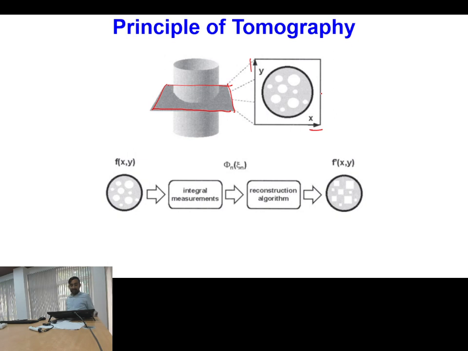So what I need to do in this cross section is insert a measurement system which will measure some property f, which is a function of x and y. Is this point clear? In this cross section I need to put sensors at each and every point, to be precise, if I have to go for a good amount of accuracy.